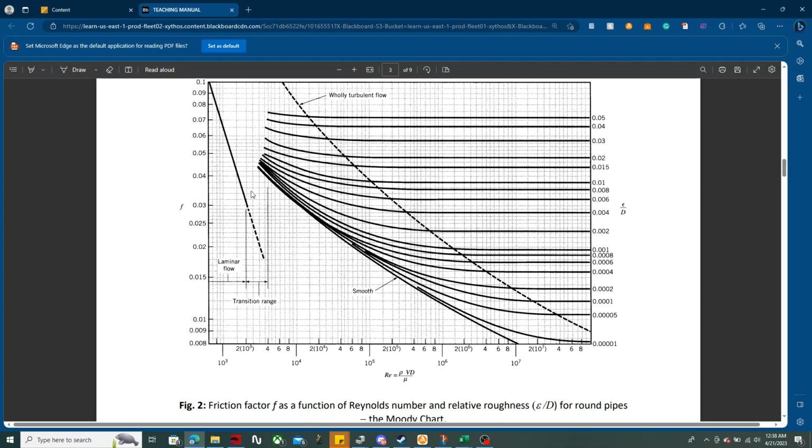We'd prefer to be slower in the laminar flow, but understand you still can have laminar flow inside the transition regime, but you might have something that trips it into being turbulent. So maybe there's a very small nick in the pipe, and suddenly it goes from laminar to turbulent, right? So that's essentially the regime that we're in.